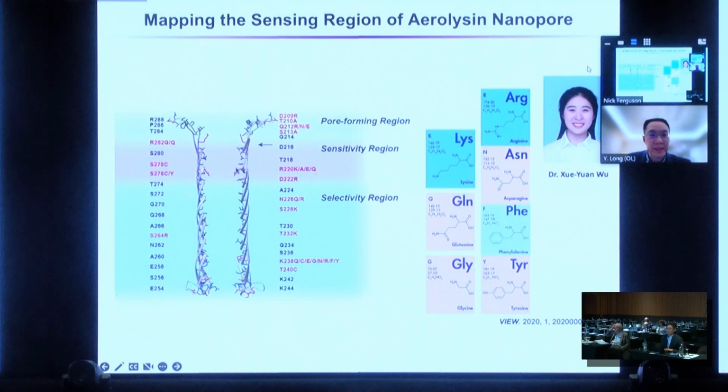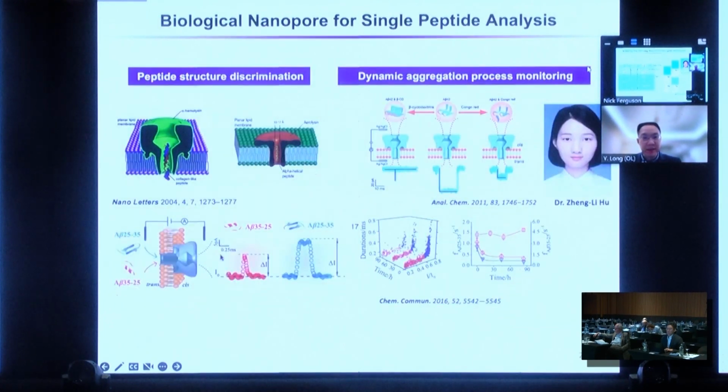This sensing area senses the molecule by each of the amino acids. We can play with charged, non-charged, hydrophobic and hydrophilic amino acids to interact with the target molecule. With this idea, we studied the peptide structure and also the aggregation of some interesting amyloids.